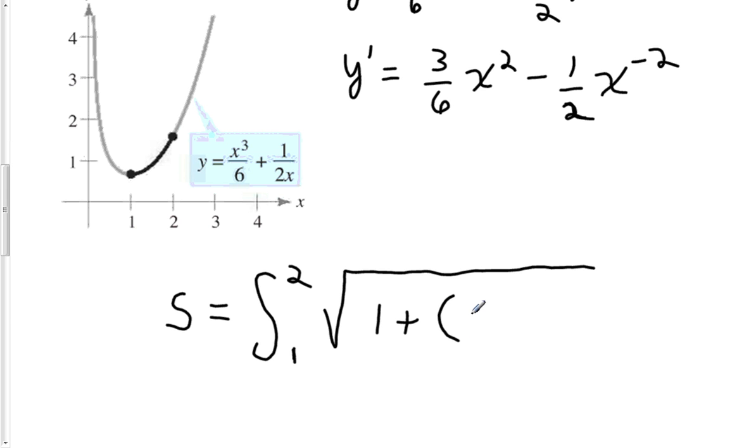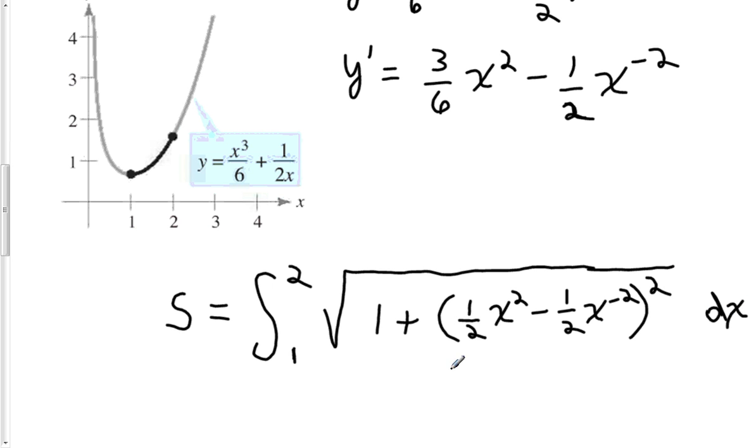So that's 3 over 6, which is 1/2, times x squared minus 1/2 times x to the negative 2, close parenthesis, squared, dx. We're integrating with respect to x.